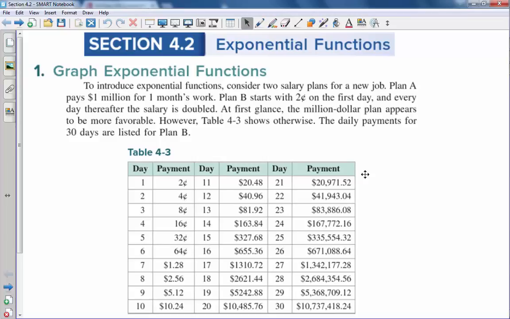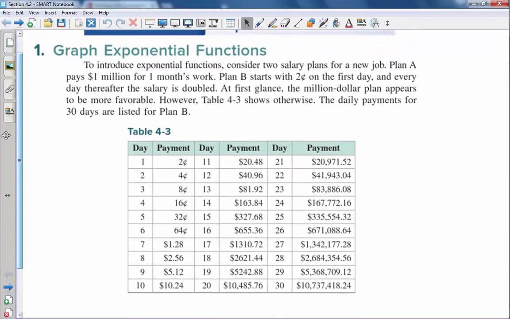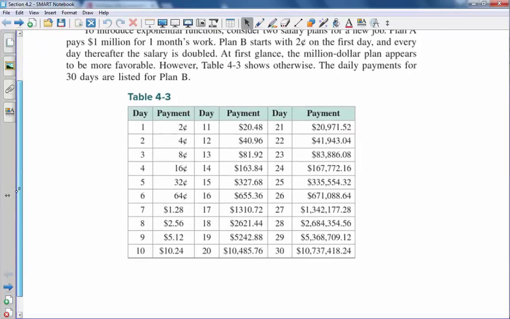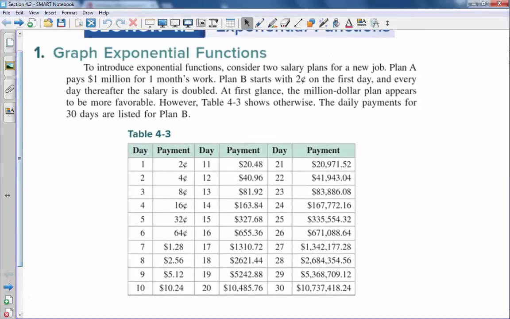So this is a very similar example. You got a job offer, but I'm offering you two options for pay. Option one, I'm offering you a direct payment of $1 million after 30 days. You do the job, you get $1 million, that's it.